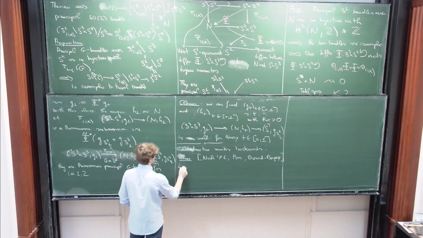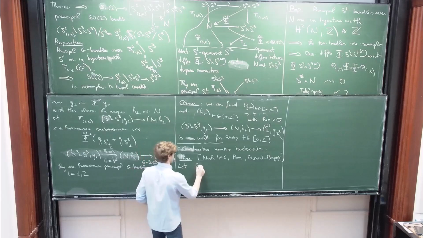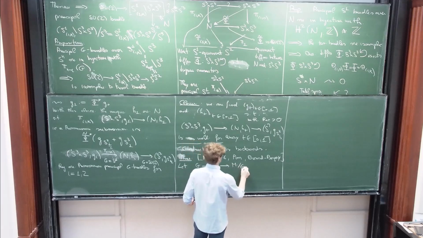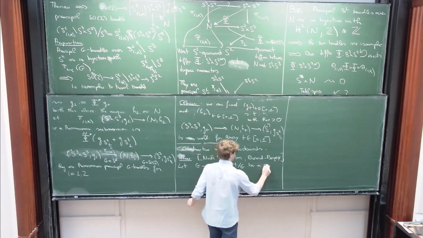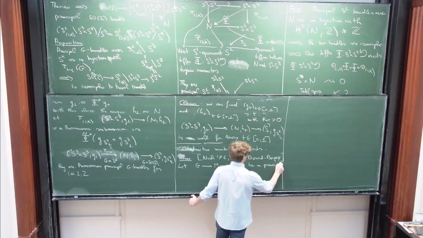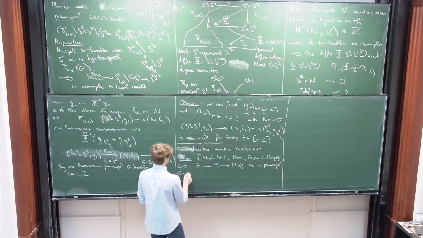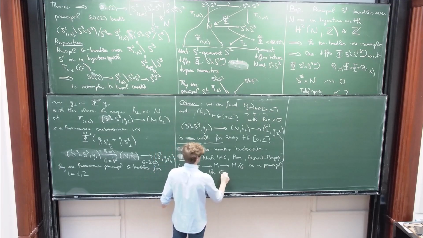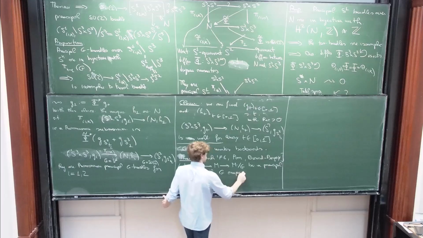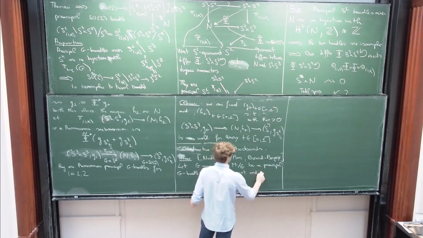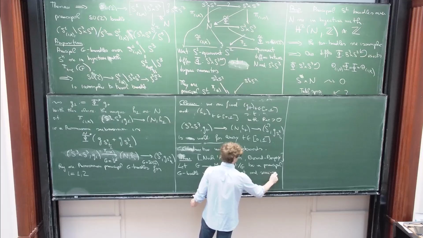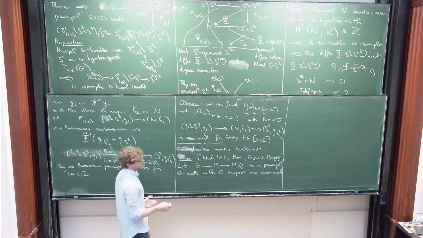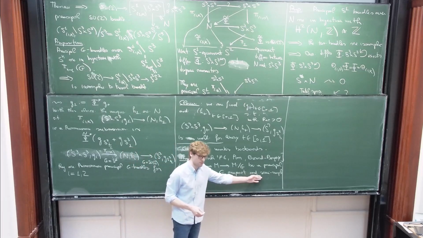Let G go to M go to M mod G be a principal G bundle with G compact and semi-simple. If you don't know what semi-simple means, what's important for us is that SU2 is semi-simple.